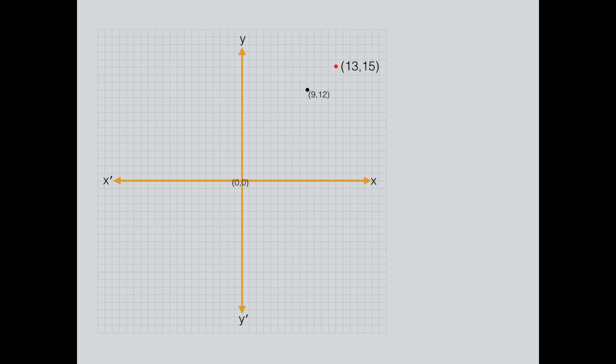Well, first of all, let's begin by drawing a circle, and let's talk about the algorithm. Let's dive right in. So to begin, we have 13, 15. Now, again, we are not rotating about or relative to the origin. That's supposed to be about the black dot. And so, in order to do that, we need to find the red dot's position with respect to that black dot, 9, 12.